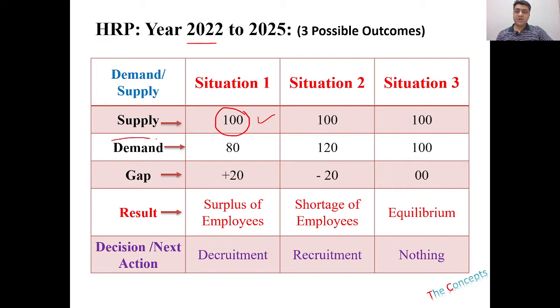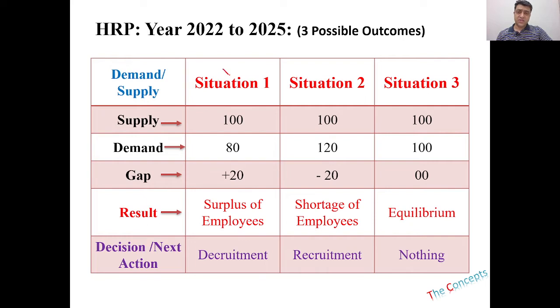Demand is the number of employees that you will be needing in 2025. This year, you will be needing these many people. You might be closing down a few businesses for which you do not need 100 people, but now you need 80 people. Gap is actually the difference between the supply and demand. Why there's a plus sign, we'll talk about it.